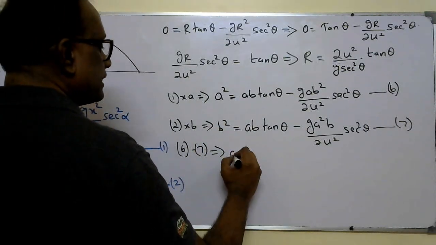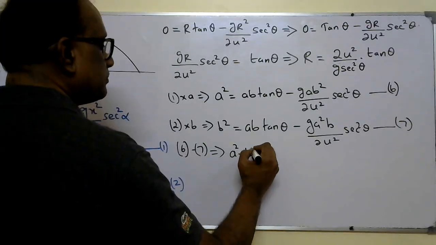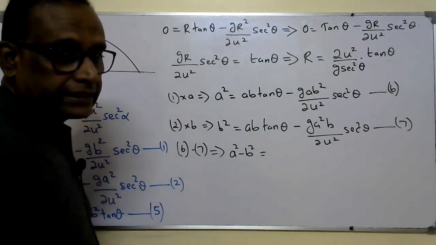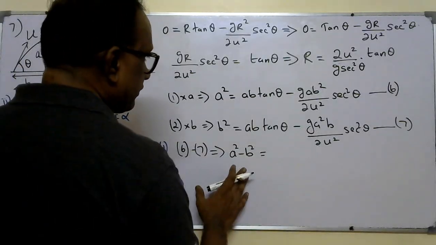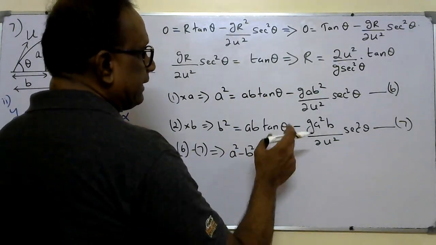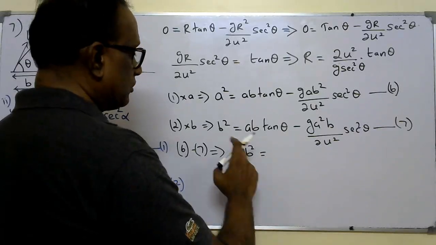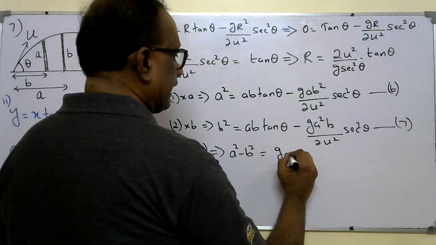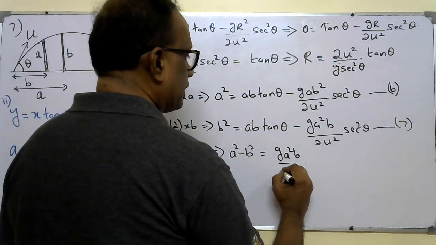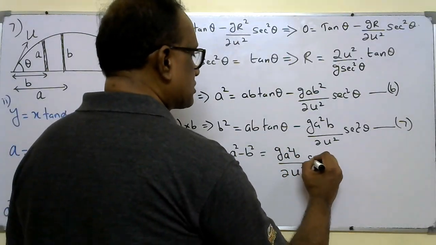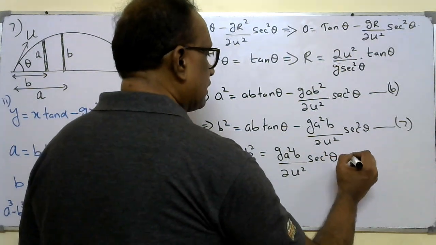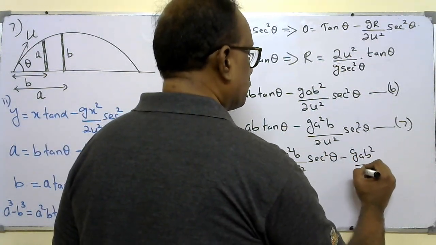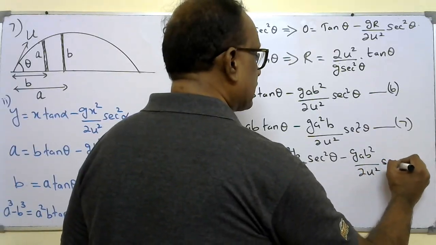A squared minus b squared, that I can write as a minus b into a plus b, I can factorize it. Then ab tan theta will get cancelled. So this will become plus g a squared b over 2u squared sec squared theta minus g a b squared over 2u squared sec squared theta.